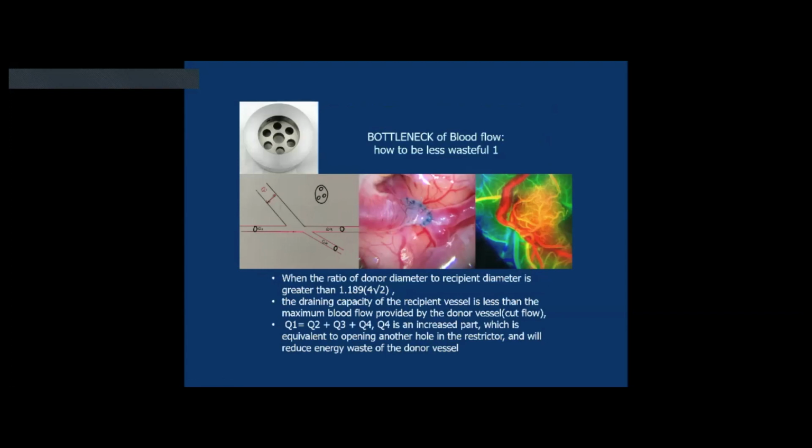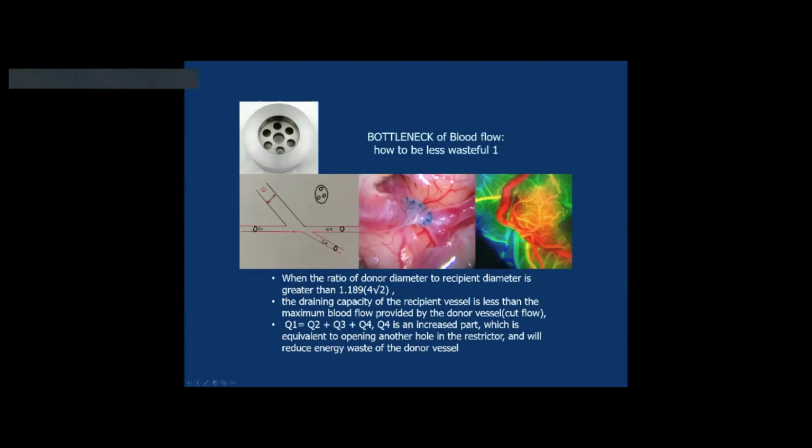So in the bypass of Moyamoya, normally the recipient artery couldn't drain all the blood flow in the donor artery, which means a cut flow in the donor artery. So the bottleneck for blood flow, how to be less wasteful, is the first question.